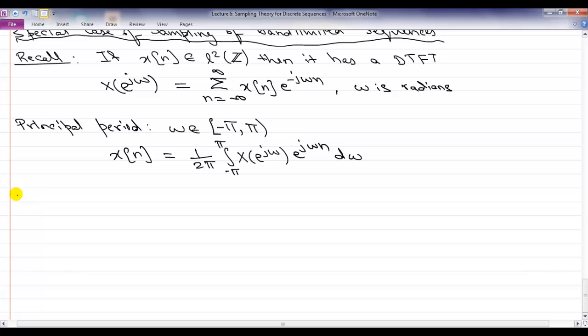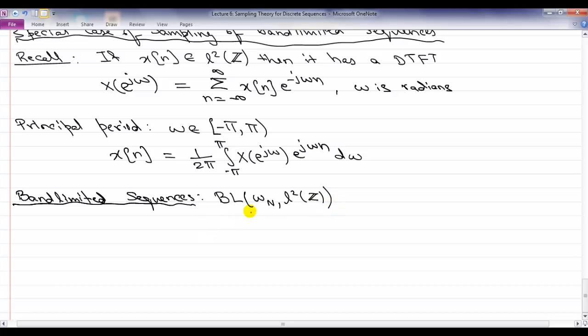So what is the definition of band-limited sequences? I'll use the same term, BL omega n of L2Z.